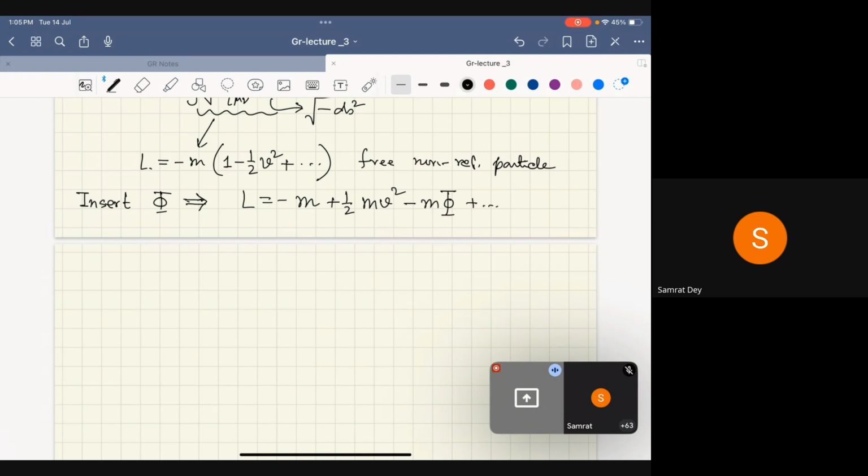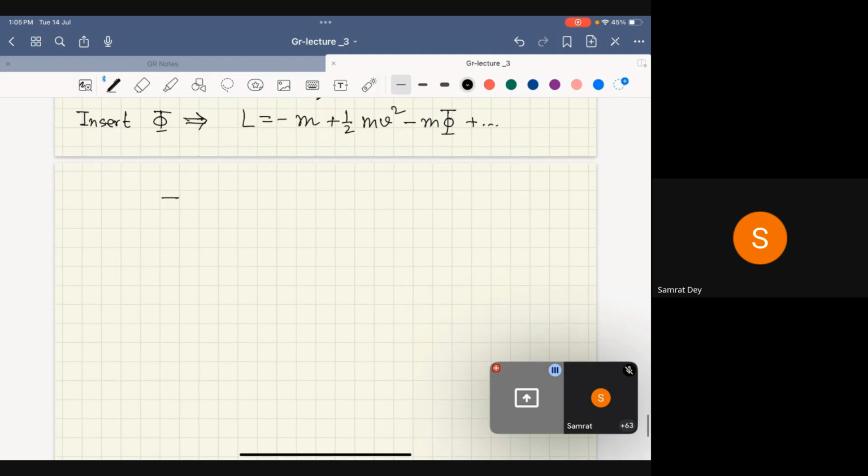That immediately implies that root over minus ds squared, which was there in the action, will be written as 1 minus half v square plus phi dt.